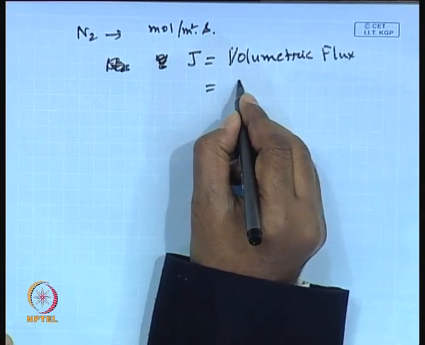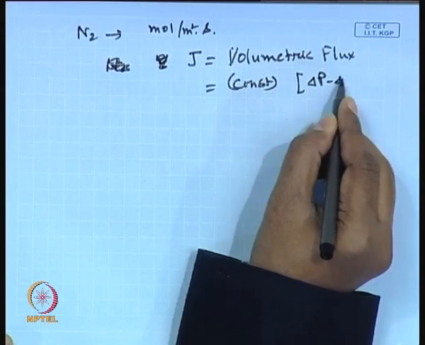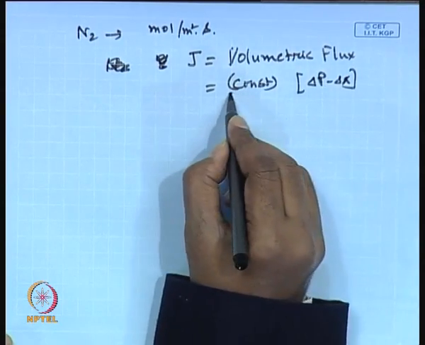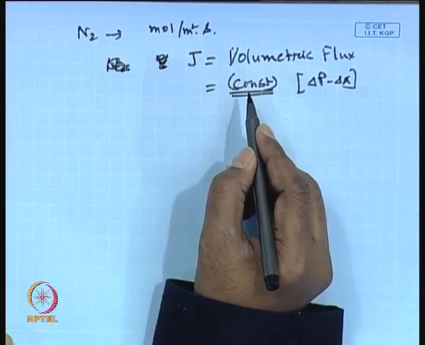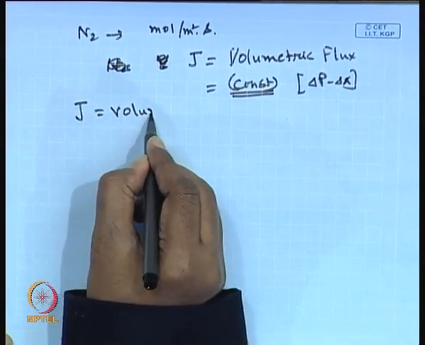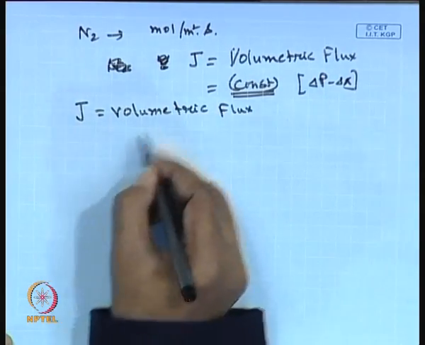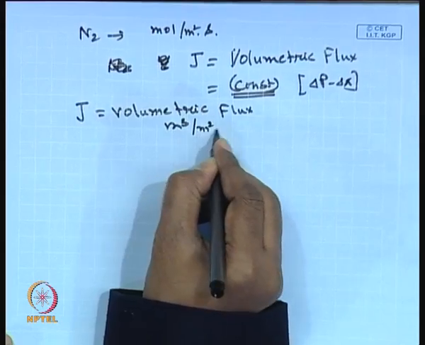So, it will be another constant times delta P minus delta pi. This constant is known as the permeability if J is expressed as a volumetric flux, that means meter cube per meter square per unit time.